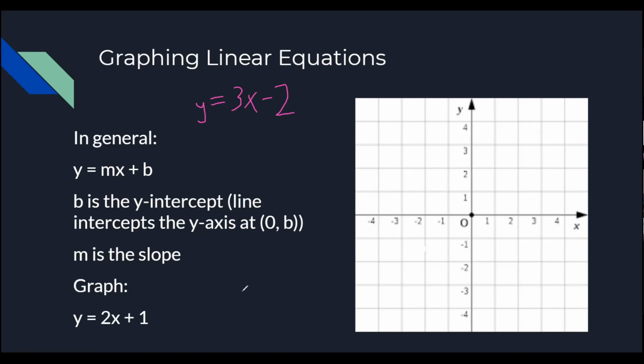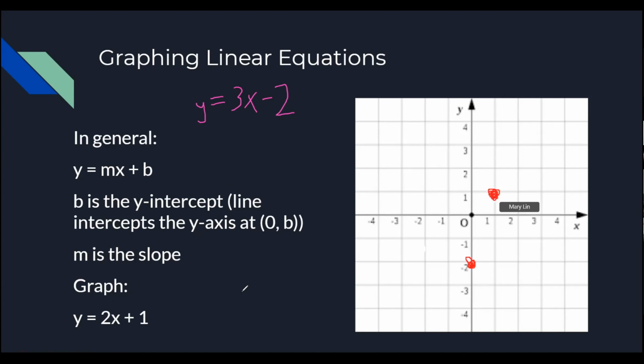Yes. Okay. So I know that the y-intercept is -2. And then let's say I plug in a number. So if x is 1, that means y equals 3 minus 2. So if x is 1, y equals 1. Yes, correct.